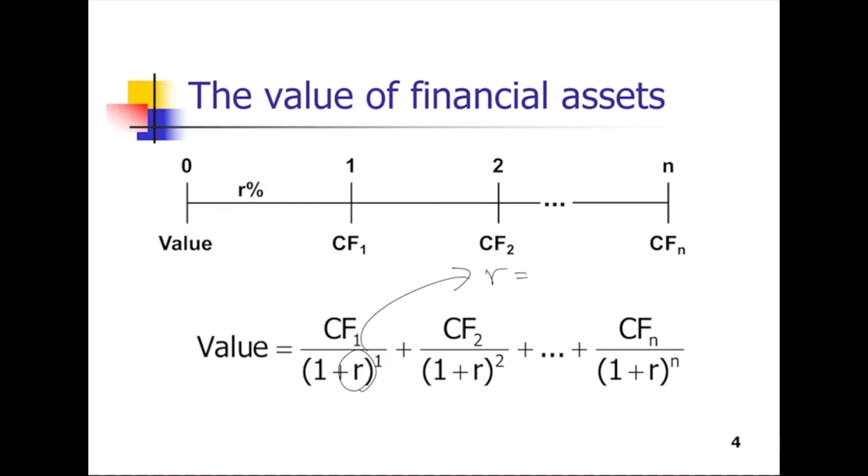R equals R_RF, the risk-free rate, plus the default risk premium, plus the maturity risk premium. A premium means compensation for risk. If there is high risk, the investor wants high compensation. It means a high required rate of return. We can also interpret this as a high discount rate, because required rate of return and discount rate are the same concept.